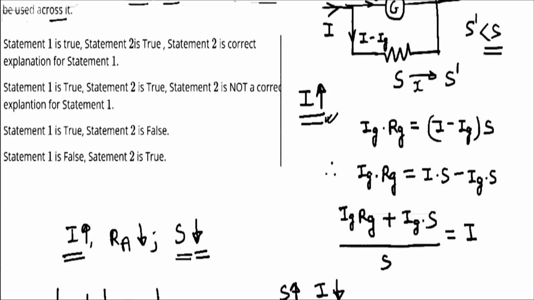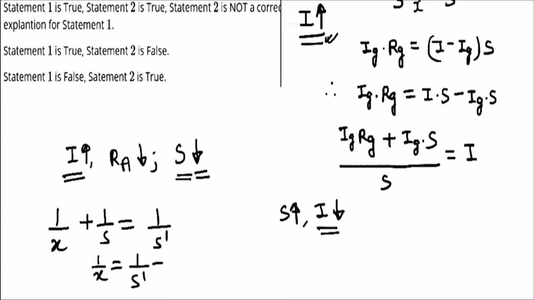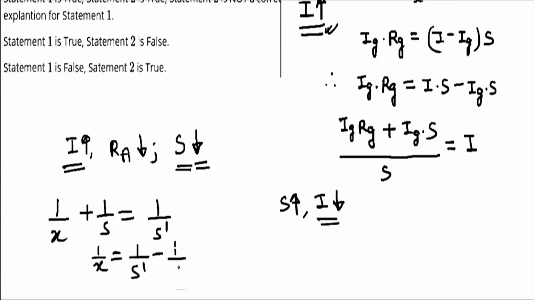So from here we can see that 1 upon x will be 1 upon s dash minus 1 upon s. So from here we are going to add x, but the new resistance will be decreasing.